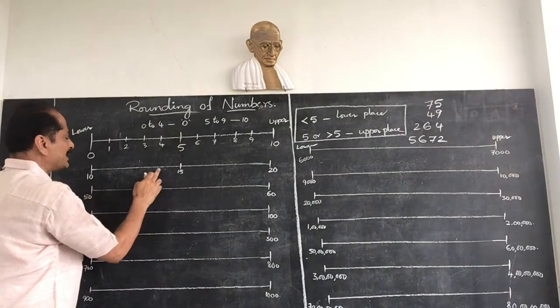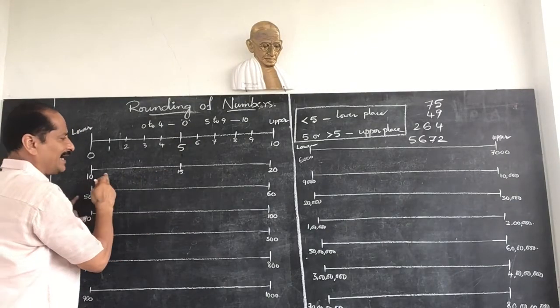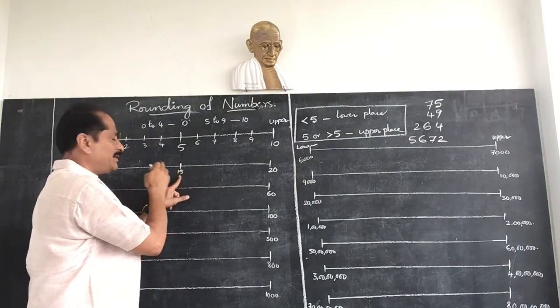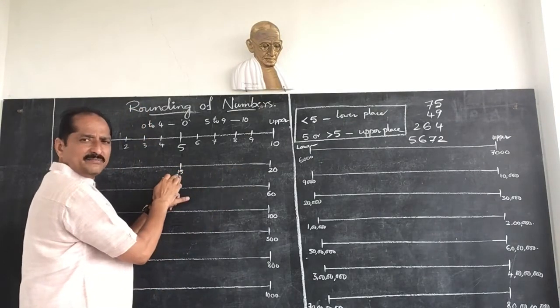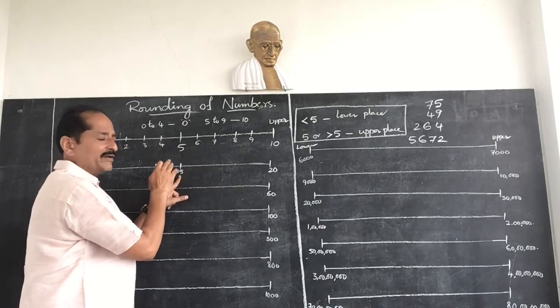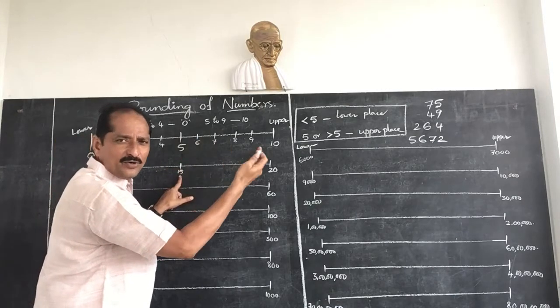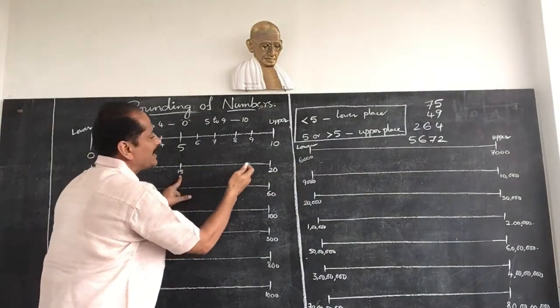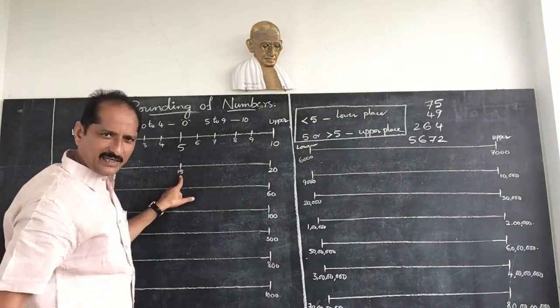All these numbers can be rounded to 10. And in between 10 and 20, what is the middlest one? 15. So, from 15 and more than 15 are nearer to 20. So, those can be rounded to 20.